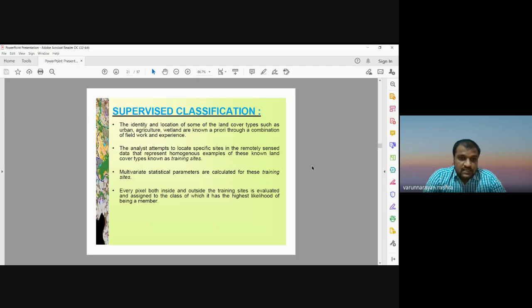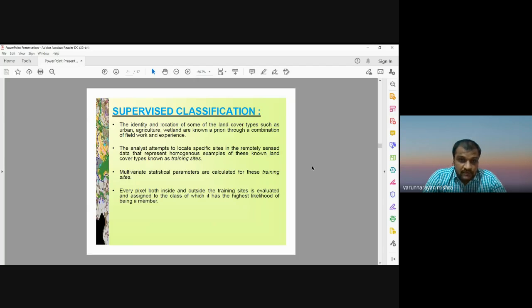Supervised classification is where the identification and location of some of the land cover types or surface features, such as urban area, agricultural land, wasteland, and water bodies, are known a priori through a combination of field work and experience. The analyst attempts to locate the specific sites in the remotely sensed data that represent homogeneous examples of these known land cover types, known as training sites.